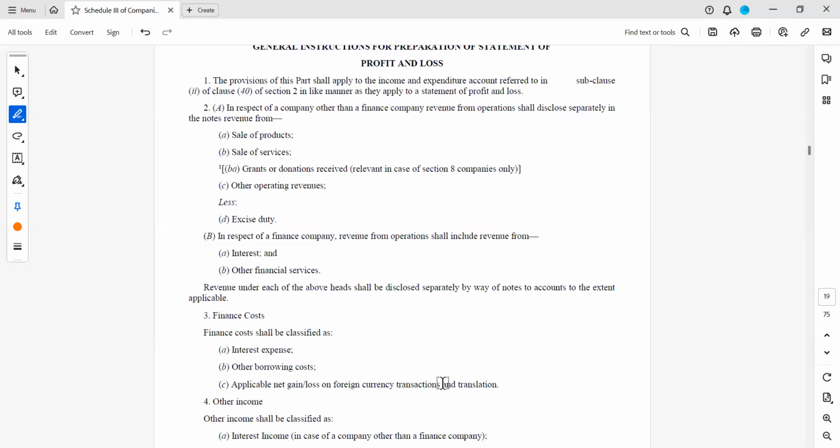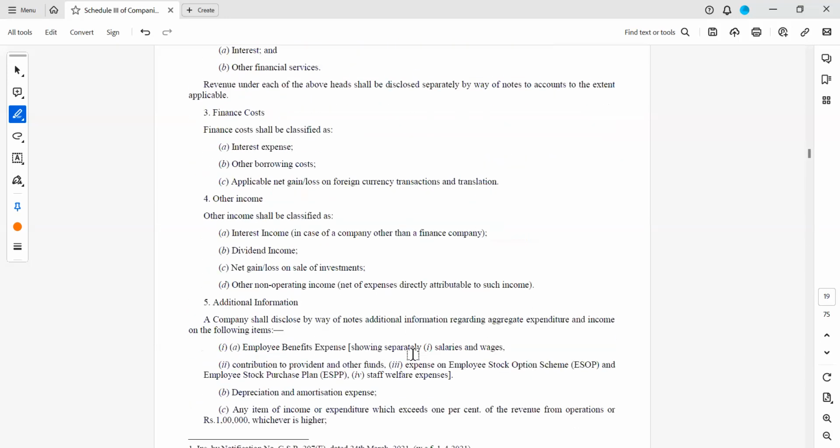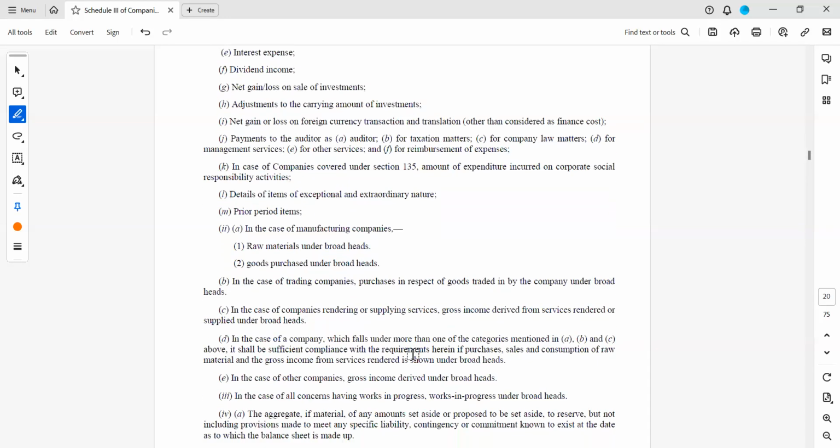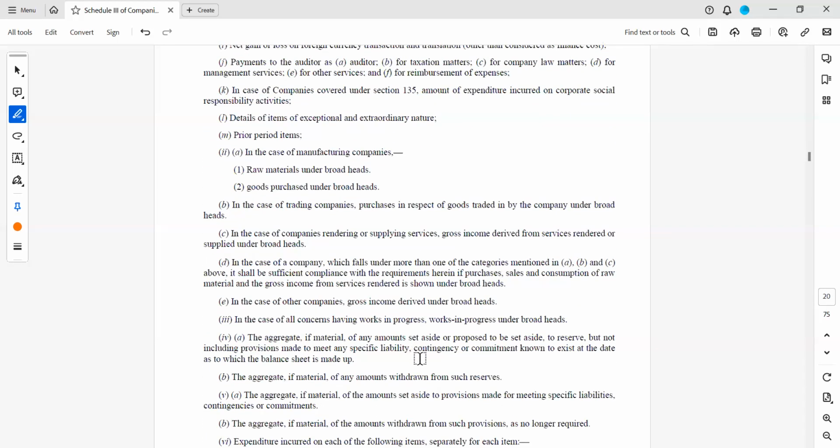Now, these are all very common things, so I will just go to our example balance sheet. There we will discuss a few important points.